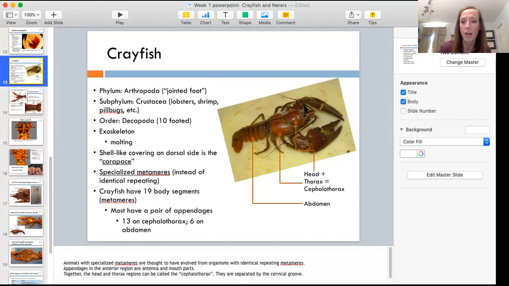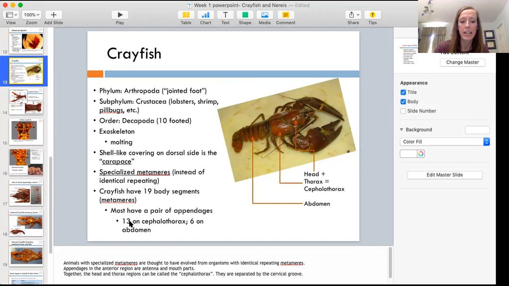There's obviously a lot more specialization around the head, and with the appendages, you're going to see a lot of different characteristics to each of those. Like I had mentioned, most of the body segments have an appendage attached to them. So the crayfish has 19 body segments that we call metameres, and you're going to find appendages on most of those.